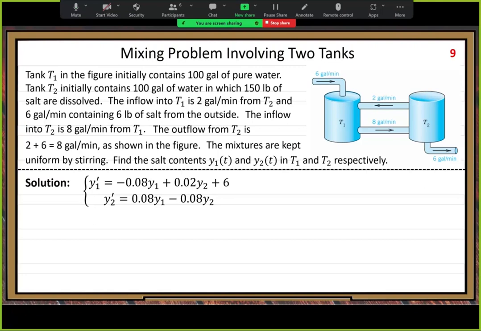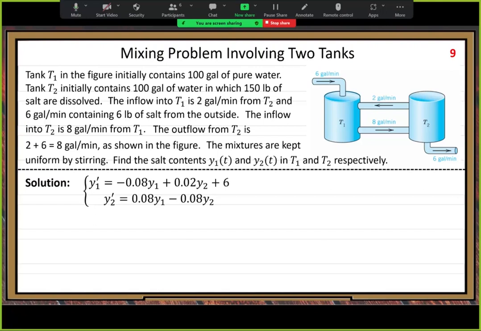This one. Yeah, that's 6. That one is pure 6 pounds per minute. Here we're setting up equations for the rate of change in 1 minute.